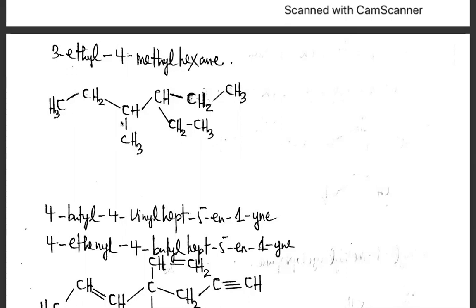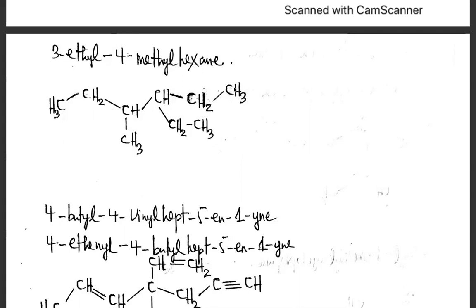That's your principal chain. Now, the positioning of the alkyl groups, you can position it in any way as long as they are at position 3 and position number 4. So some can start the positioning from this end towards that end, or some will start from this side and go to the other side. If you look at mine, I started from this side and I'm going in this direction.